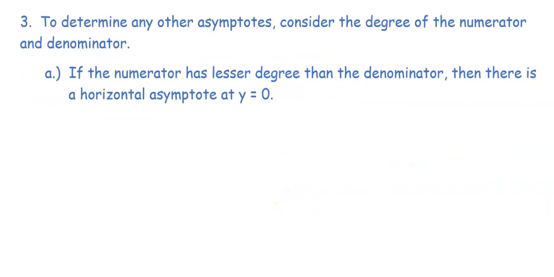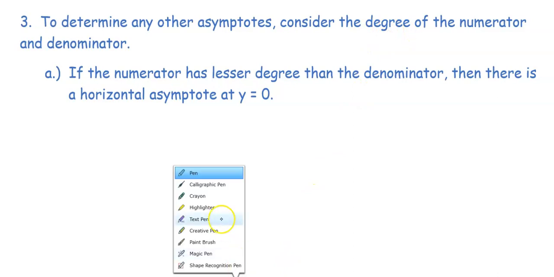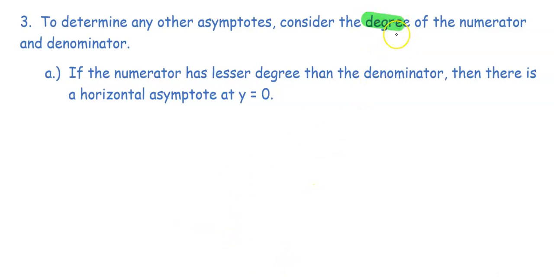To determine our other asymptotes, our horizontal asymptotes, we're going to look at the degree of the numerator and the denominator, the largest exponent of the numerator and the denominator. If the numerator is a lesser degree than the denominator, there is a horizontal asymptote at y equals 0.